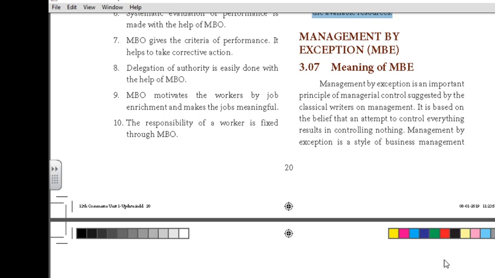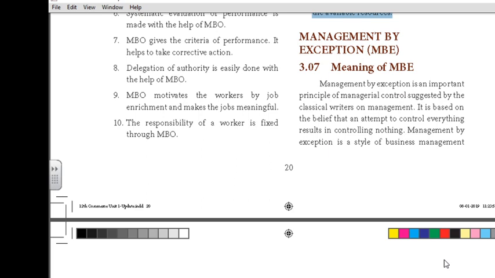The idea behind it is that management attention will be focused only on those areas where action is to be taken. There is no problem with work done properly; only when there is work that cannot be done does the word exemption come in. So action is taken for the work that is not done. If the person is performing as expected, the manager will take no action.